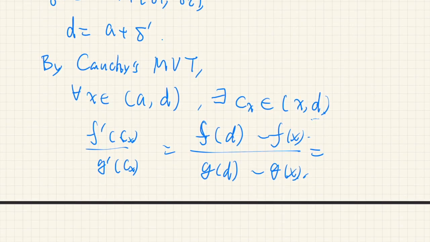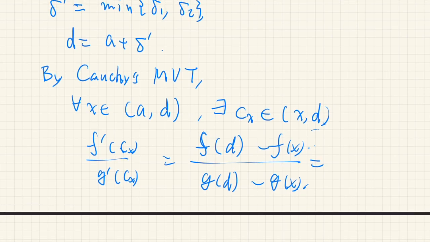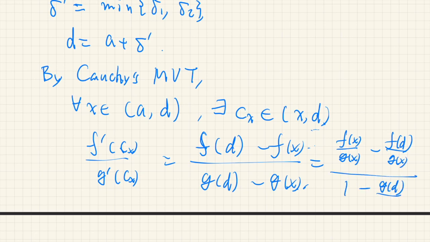So let's multiply both numerator and denominator by -1 and divide everything by g of x, and we have f of x over g of x minus f of d over g of x over 1 minus g of d over g of x.